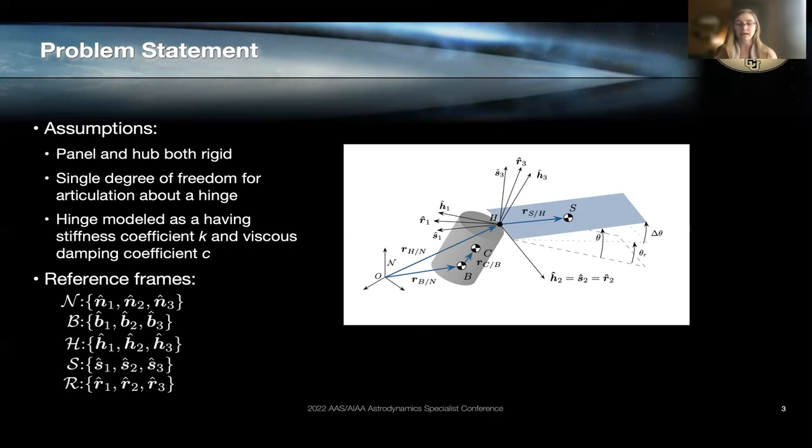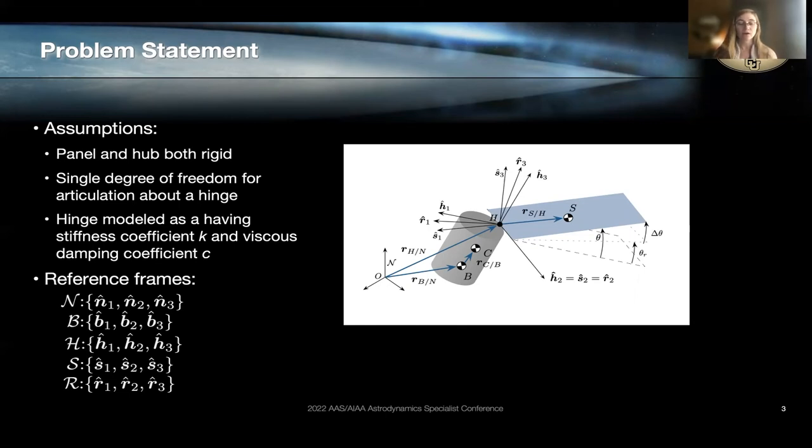All the different reference frames that we set up: we have your standard vanilla inertial reference frame, that's N. We also have a body-fixed frame, B. And then we have these three panel frames. The hinge frame H, which is fixed relative to the body and represents a particular panel angle. We have the S frame, which is the panel frame itself, and that represents where the panel actually is in space.